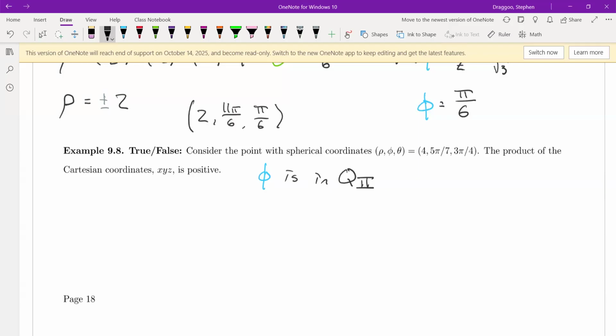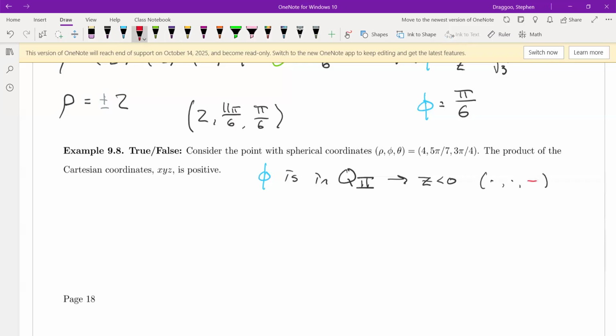That'd be in quadrant 2. If that angle is in the second quadrant, that means that z is negative, right? Because I've moved my angle down into the second quadrant, which will be below the xy plane. So z is negative, meaning I've got a point that is something, something, and then a negative value.